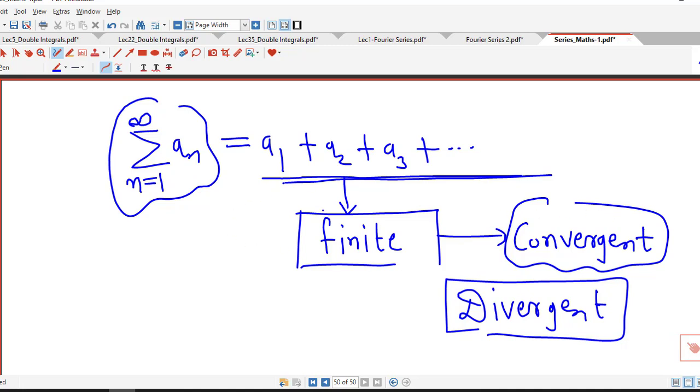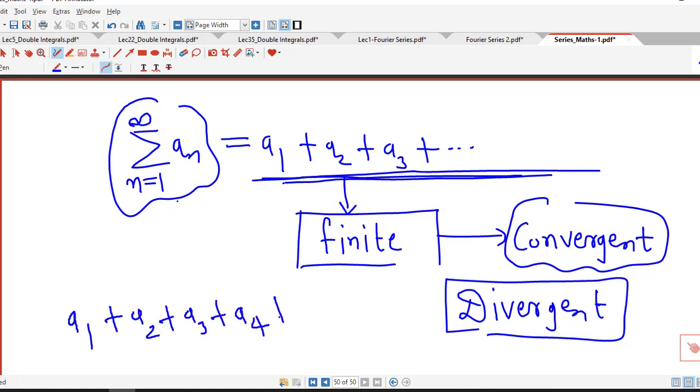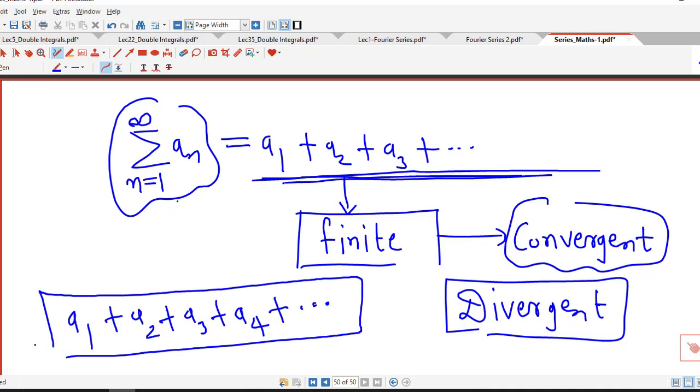Convergent series means the sum of the series is finite, divergent series means the sum of the series is not finite. Now how to decide whether the sum of the series is finite or not? Because there are infinite number of terms in this series, it is not possible to find the sum by adding each and every term. So how to decide that this summation has a finite value or not without adding the terms of the series?